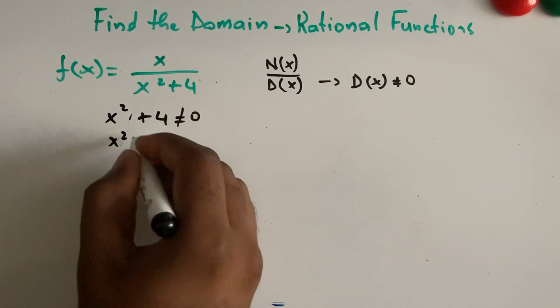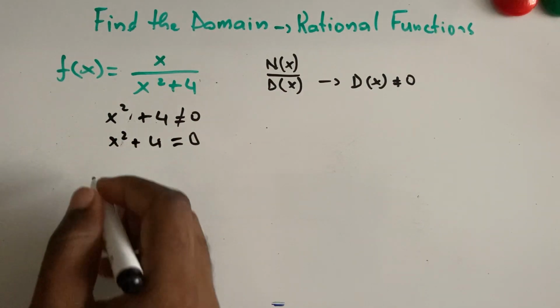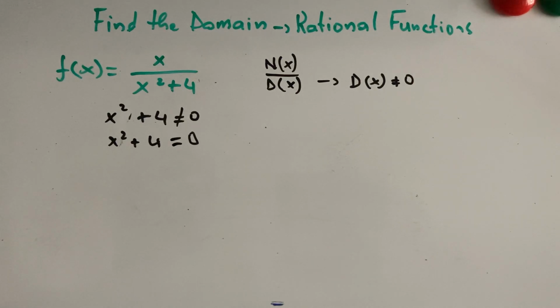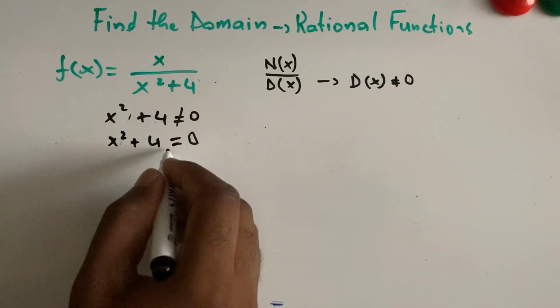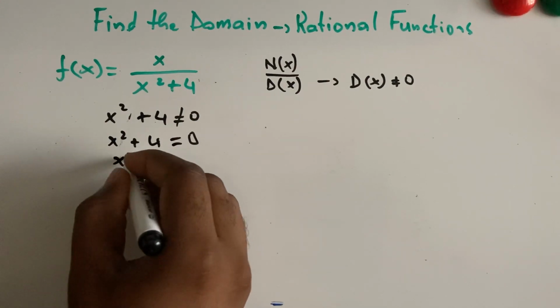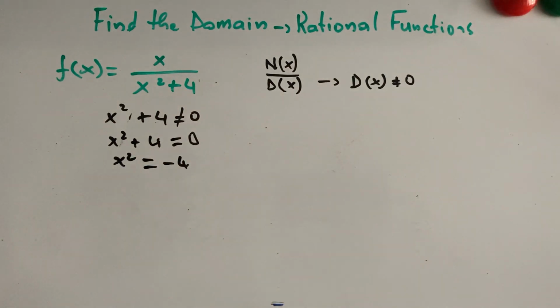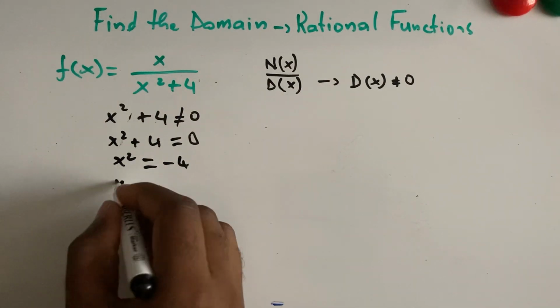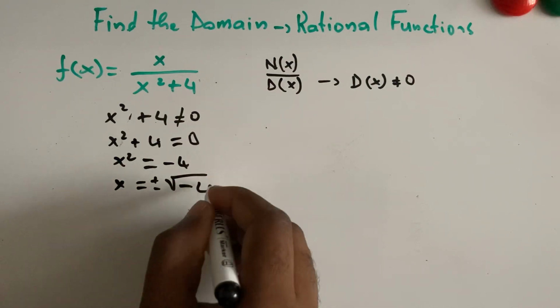So x squared plus 4, set it to 0 so you can solve normally. Now, obviously, guys, you know you won't get real numbers here because this is not factorable. You cannot factor it. And even if you moved the 4 to the other side, x would be equal to plus or minus the square root of negative 4.